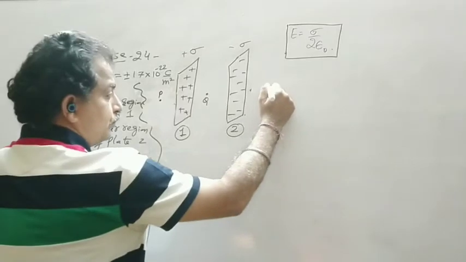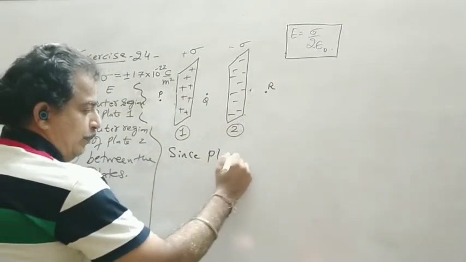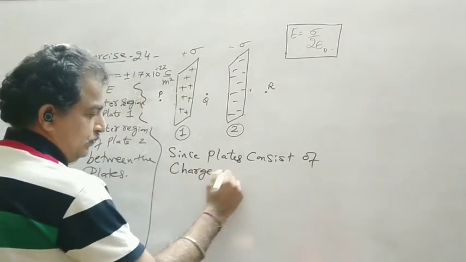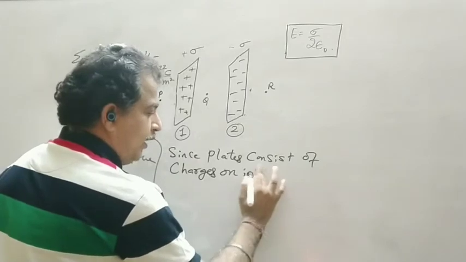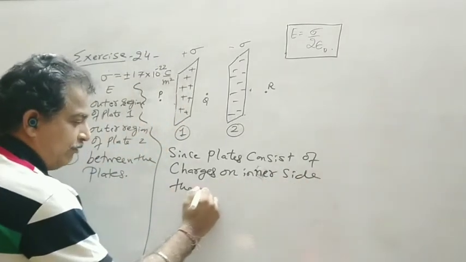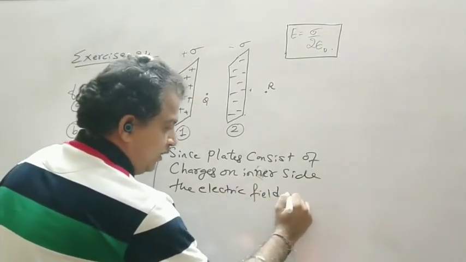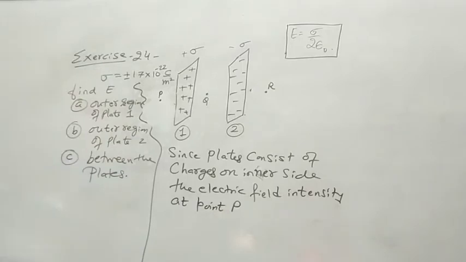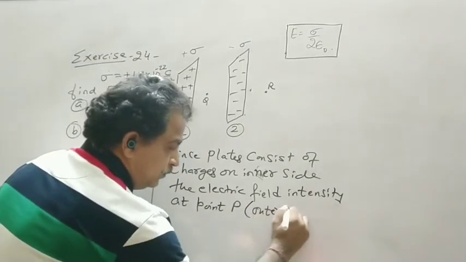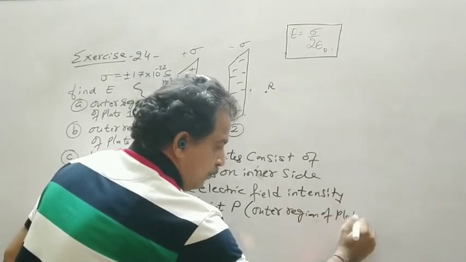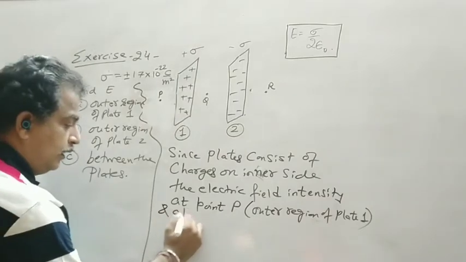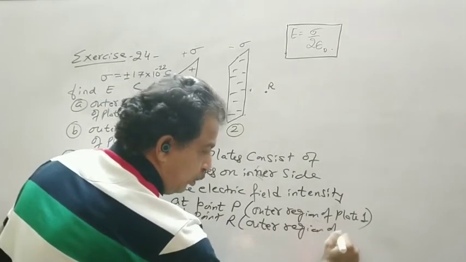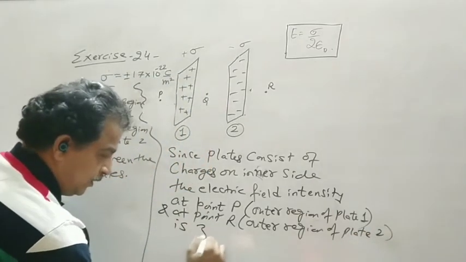So directly we write: since both the plates consist of charges on the inner side, the electric field intensity at point P, that is the outer region of plate 1, and at point R, which is also the outer region of plate 2, is 0.